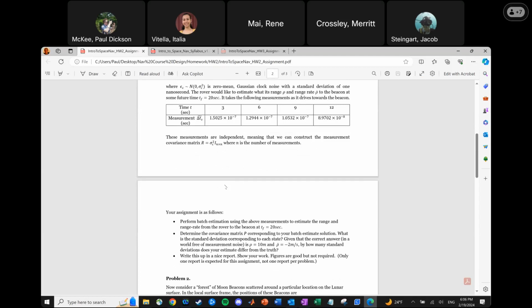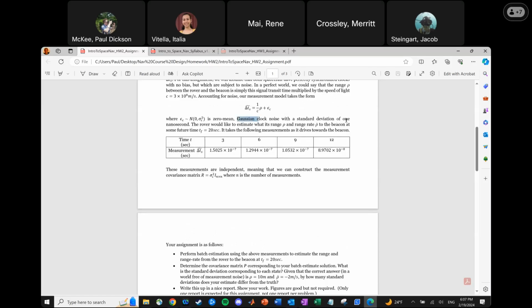Oh, that's problem 2. Did I say? Oh, here it is. Gaussian clock noise with a standard deviation of 1 nanosecond. That's it. Okay, missed that.